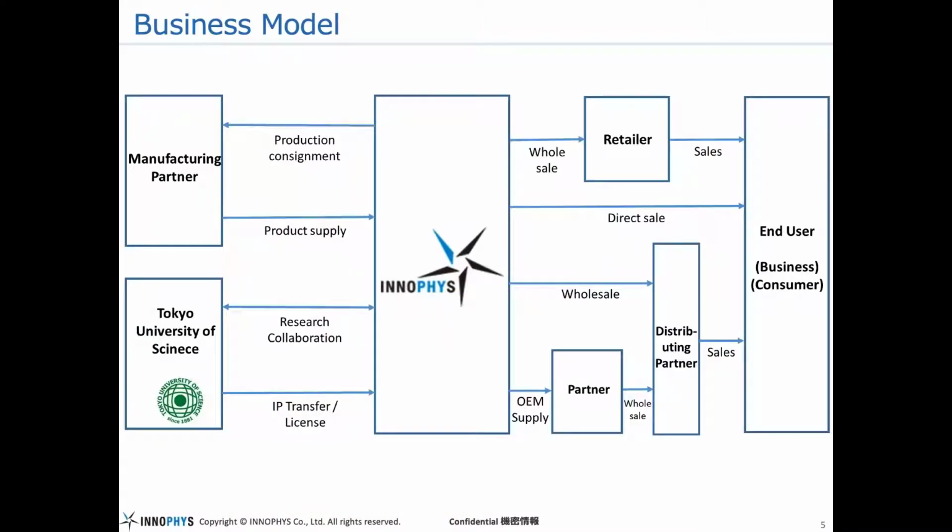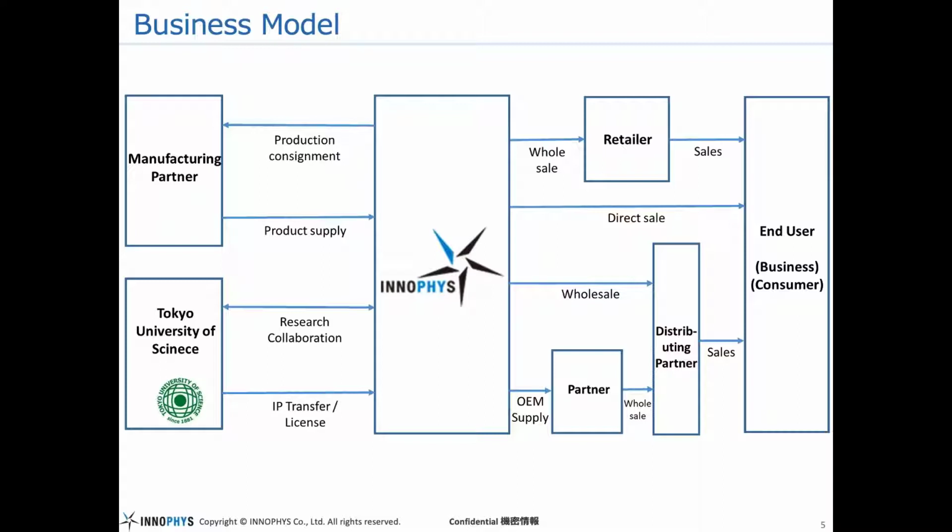And our business model is like this. In the middle, there's Innophys, and on the left-hand side, we have partners. One is Tokyo University of Science. We collaborate on research with the university, and we also receive the IP transfer and license from the university. Innophys basically develops, markets and sells the product.